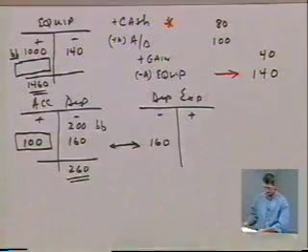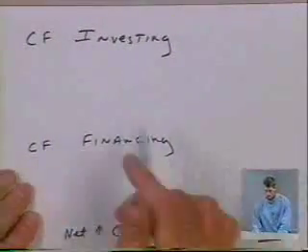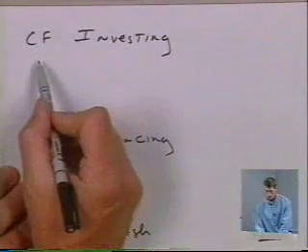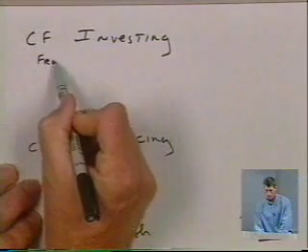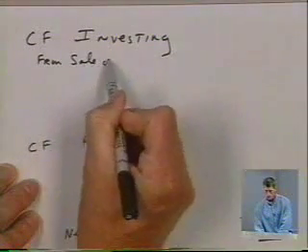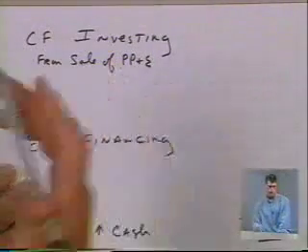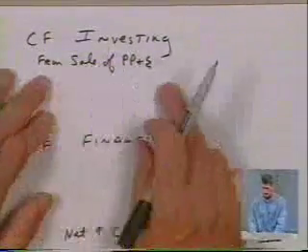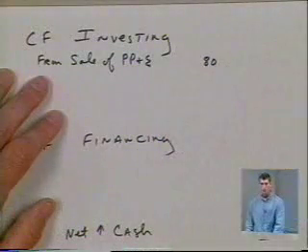So in our cash flow from investing section, the one thing we know is that we have a cash inflow, right, from sale of PP&E, or equipment, or again, I don't care how you label this, but that's a cash inflow of $80.